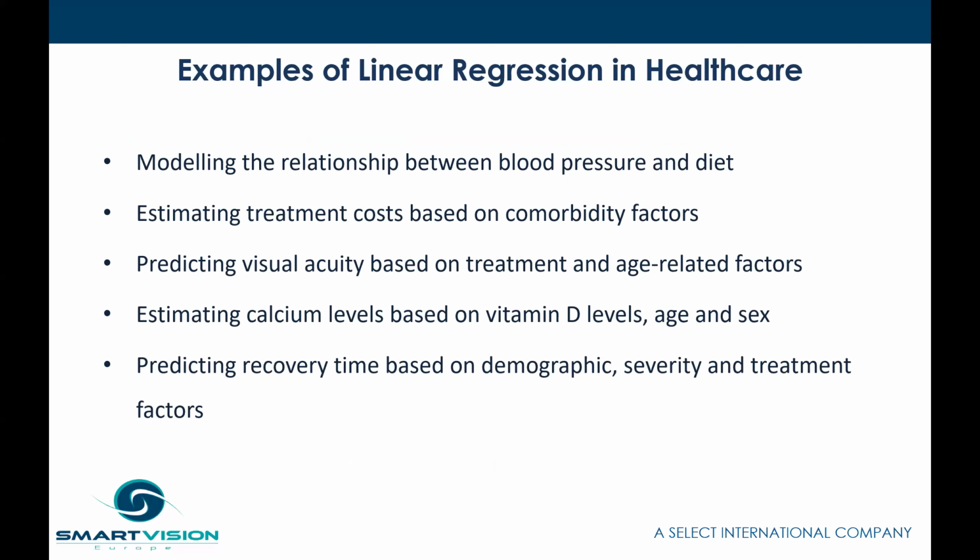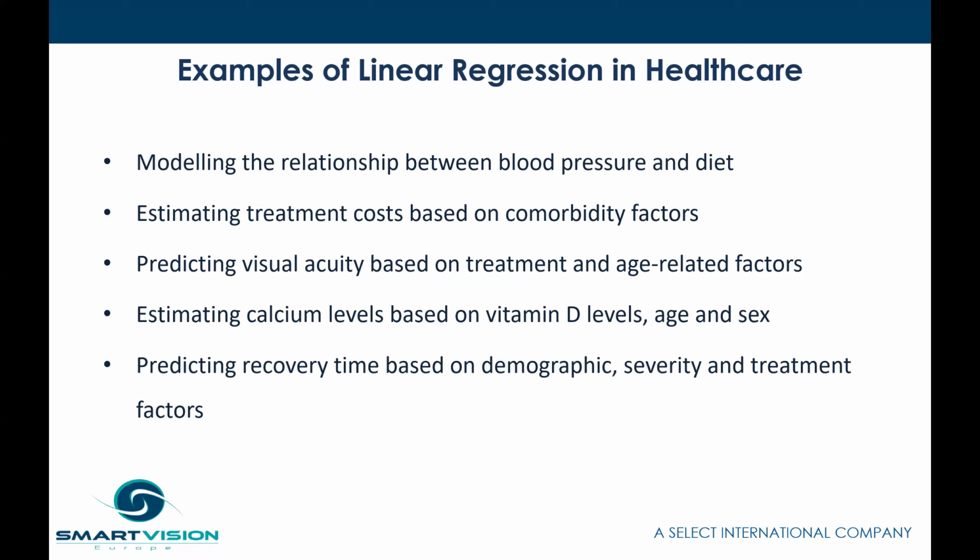In healthcare, it's used to model the relationship between things like blood pressure and diet, salt intake, let's say, estimating treatment costs based on comorbidity, predicting visual acuity based on treatment and age-related factors. It could be estimating PSA count based on age and things like ethnicity. Estimating calcium levels based upon vitamin D levels and age and sex.